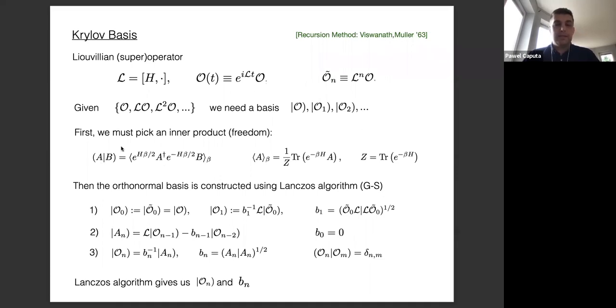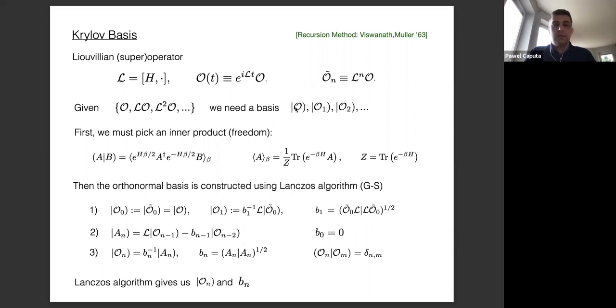Okay, and once we have done this, we want to use the so-called Lanczos algorithm for creating this basis. For quantum mechanics, you can basically think about it as the Gram-Schmidt orthogonalization, or orthonormalization, of all these states. In condensed matter, it's called the Lanczos algorithm, and the algorithm goes as follows.